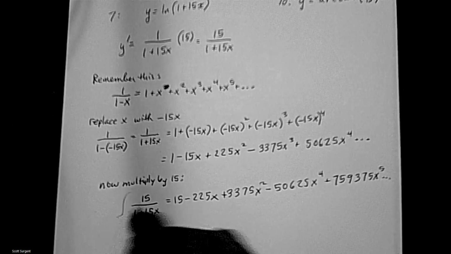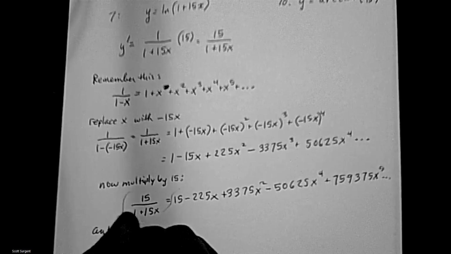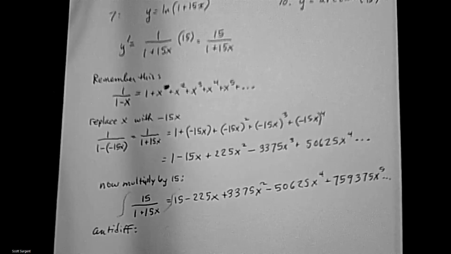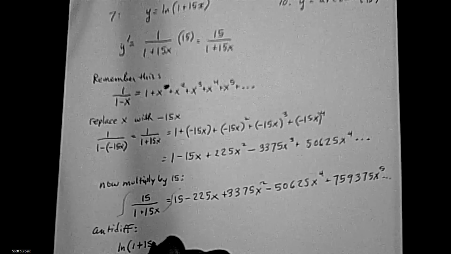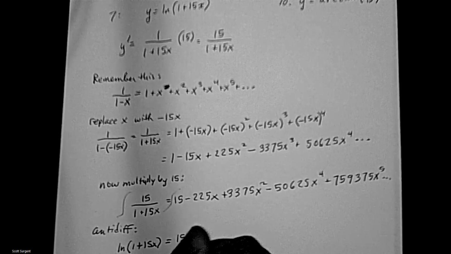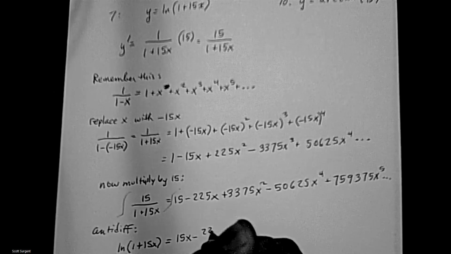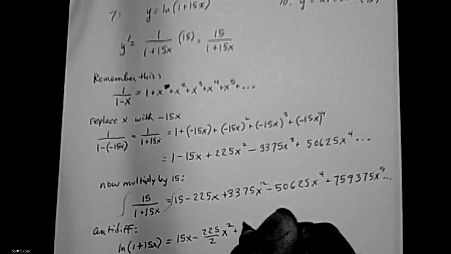So I'll just lightly put little squiggles there. On the left side, we're back to the original, ln of 1 plus 15x. And on the right side, everything was just normal integration. I'll write out a few terms.